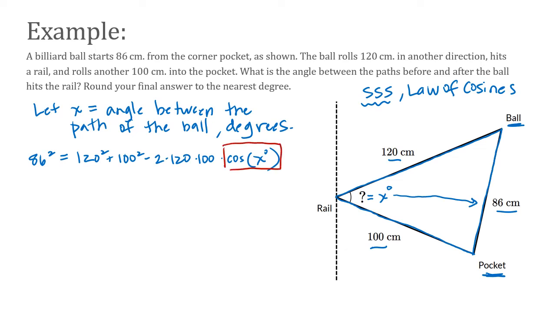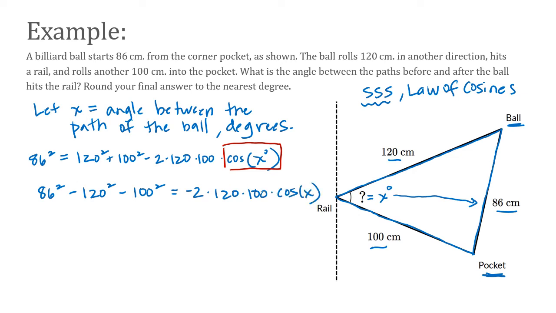And so what I have to do then is isolate that. So I'm going to take 86 squared, subtract 120 squared, subtract 100 squared, and that's going to equal negative 2 times 120 times 100 times the cosine of x.